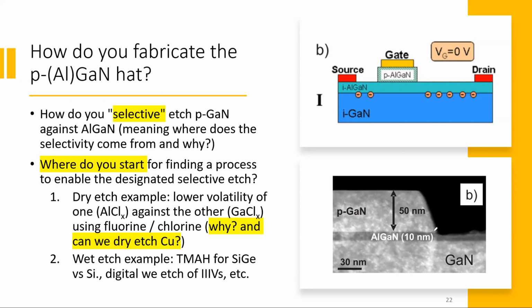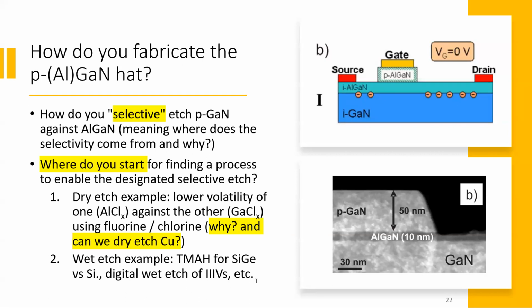How about wet etch? Well, yes, you could do that too. For example, for SiGe and silicon, if you want to selectively etch SiGe against silicon or vice versa, you can use TMAH etch, a chemical that will selectively etch. All right, it will not touch germanium pretty much. And then digital wet etch. Okay, here is digital wet etch.